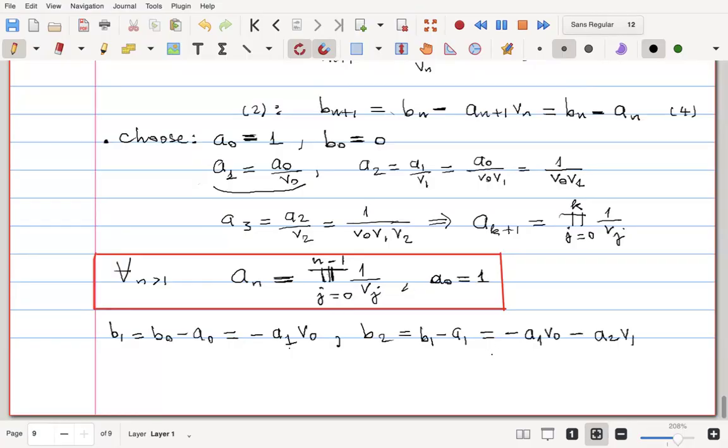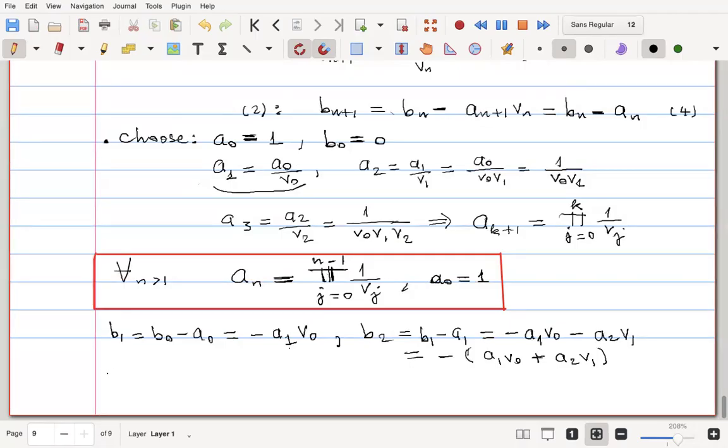I can write b_2 as negative a_1 v_0 plus a_2 v_1, like this.